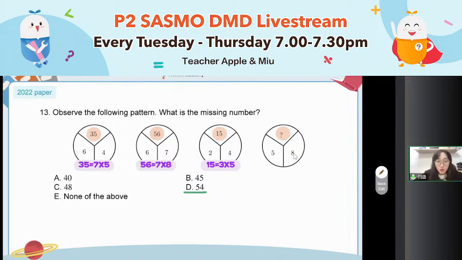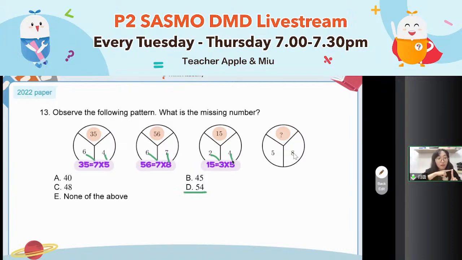And after that, you try to observe 7, 6, 4, 5, 6, 7, 7, 8, 2, 3, 4, 5. Okay? Could you please tell me what the pattern is now? You see that for the numbers at the bottom, we always need to plus 1 first, right?